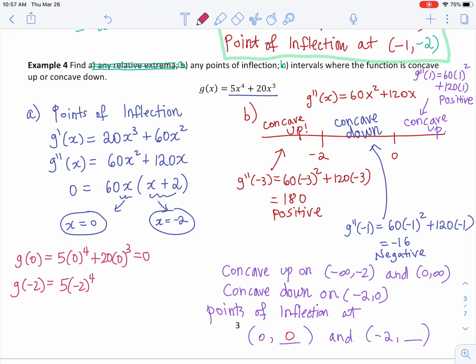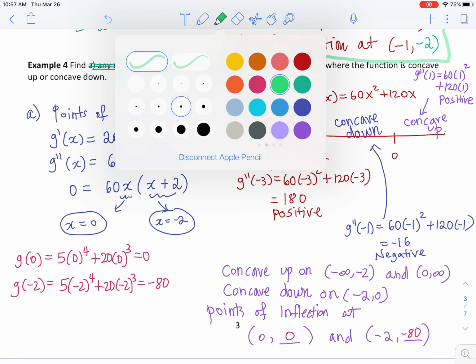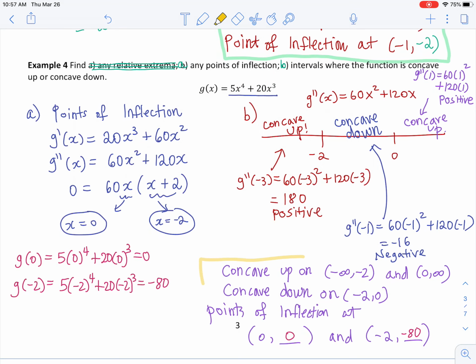I'm plugging into the original function: 5 times -2 to the 4th plus 20 times -2 to the 3rd power. I need the exact value, so let me type this in. I got -80, so the y value is -80. So we got it all. Let's go ahead and box this answer.